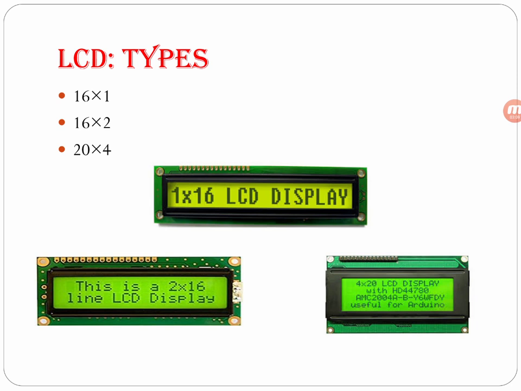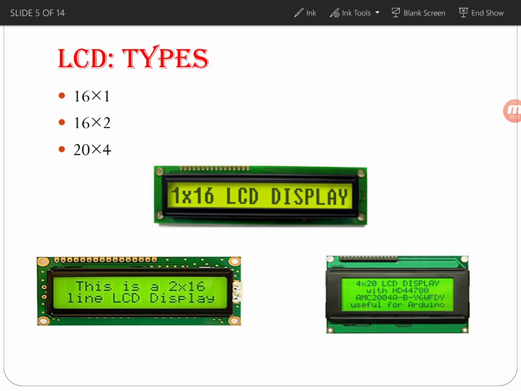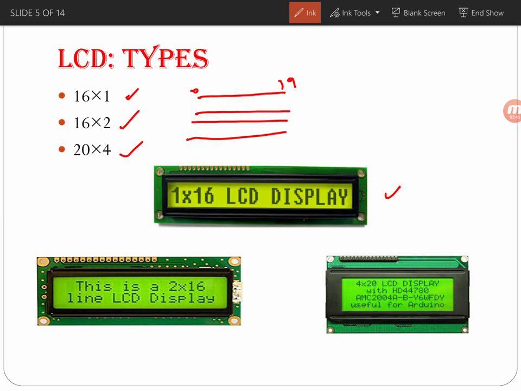Some of the formats available in LCDs: first one, 16 by 1, so we can display 16 characters in one row as shown in the diagram. 16 by 2 is a two line display, and each line can display 16 characters. And then 20 by 4, a 4 line display, where each line can display 20 characters. So these are the various formats available in the alphanumerical LCDs.